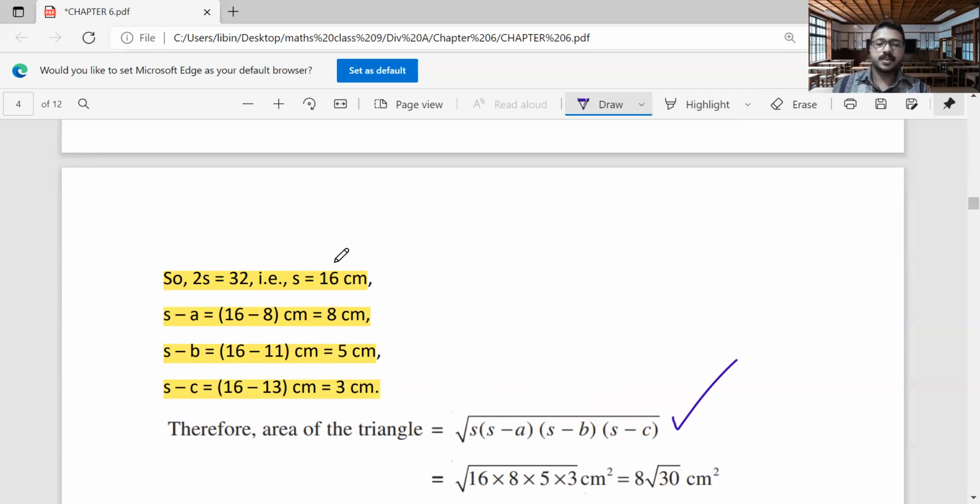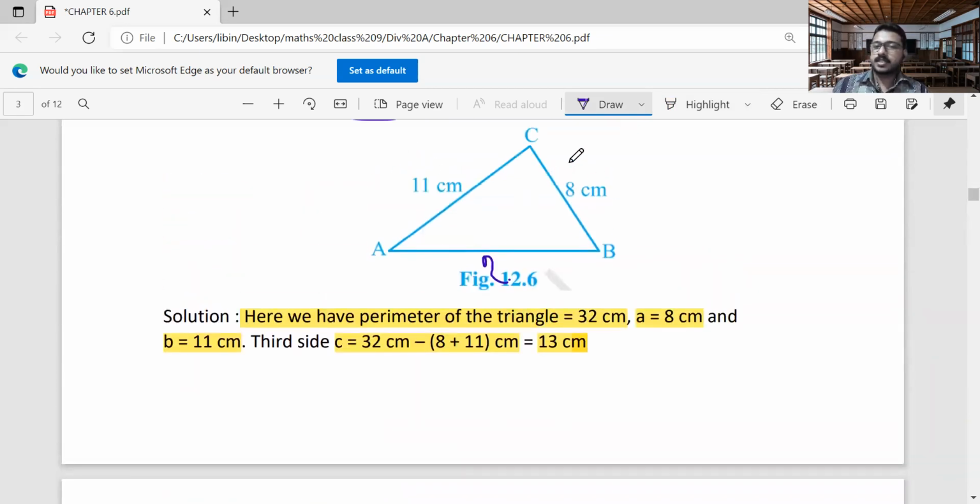Okay, see here we have s as 16 centimeter, s minus a is 8, s minus b is 5, and s minus c is 3. So 16 into 8 into 5 into 3, when we solve, we can see that it is 8 into square root of 30 centimeter square, that is the area of this triangle ABC.